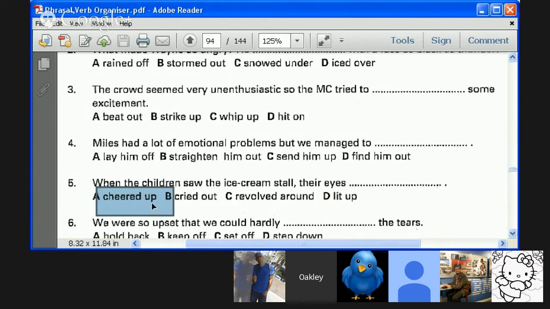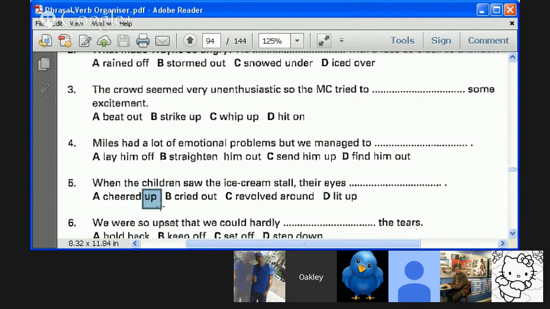Okay, cheered up, great. It makes them happier to cheer up. Oftentimes you see cheer up, lit up, sometimes in phrasal verbs: clean up your room, cheer up, tidy up.